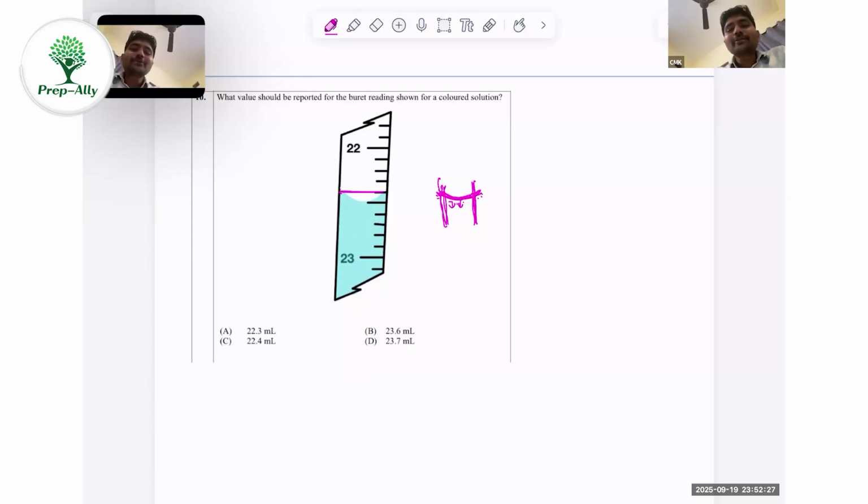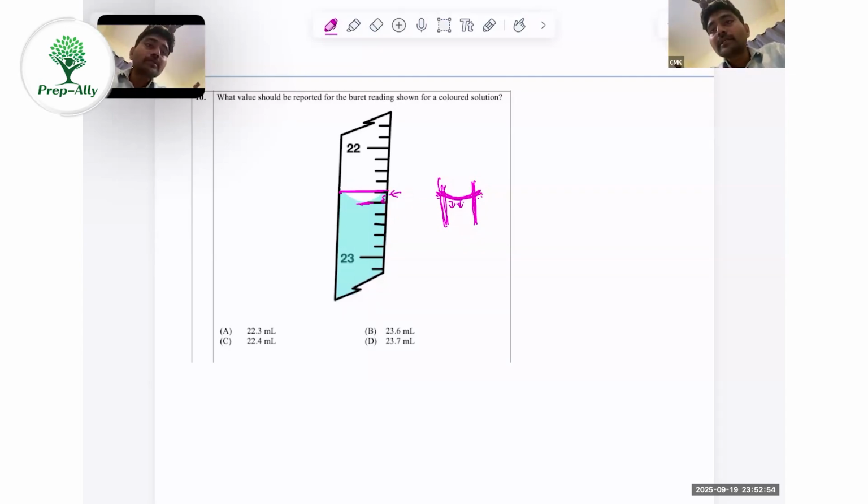For colored solutions we take the upper meniscus, which is most visible to the observer. Whenever it is a colored solution, you can't identify the lower part. Why? Because whenever the solution is colored, you can't see the lower meniscus where it is touching the reading. So only we can see the upper.